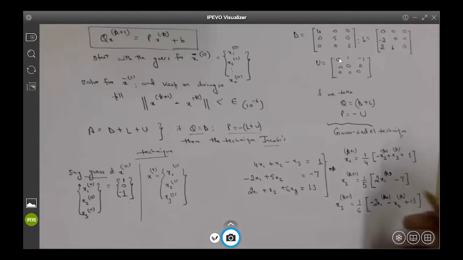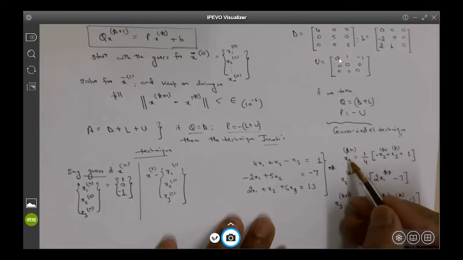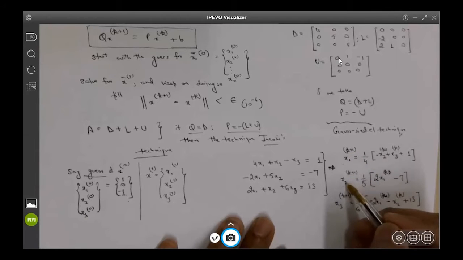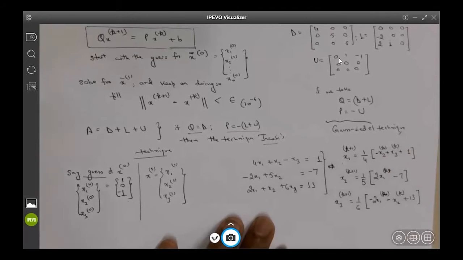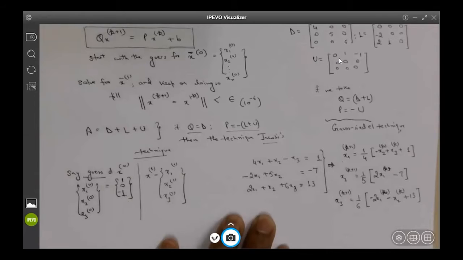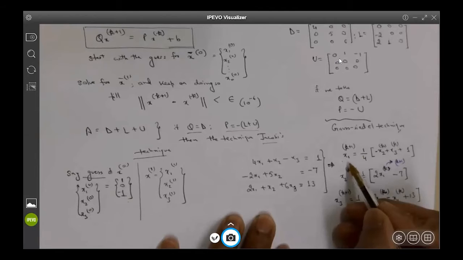Now you see that after solving for x1 for the k plus 1th iteration, when I come back to here, I am still using x1 for the kth iteration. If I change this, instead of k, I use k plus 1, that means I'm using the current value.